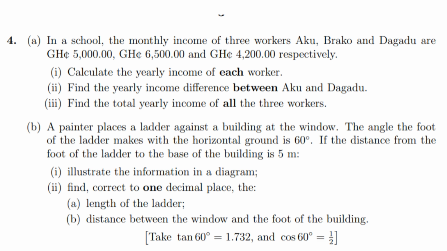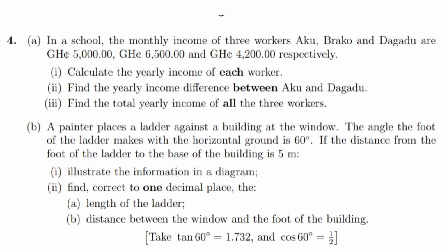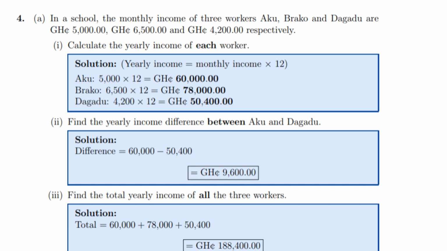The angle the foot of the ladder makes with the horizontal is 60 degrees. If the distance from the foot of the ladder to the base of the building is 5 meters, I, illustrate the information in a diagram. II, find, correct to one decimal place, the length of the ladder and the distance between the window and the floor of the building.